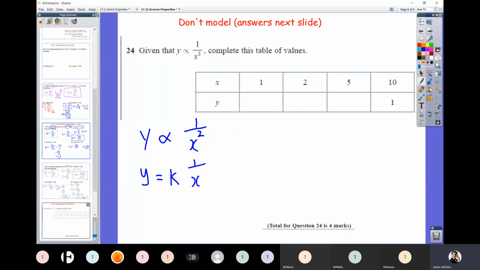Or in other words, y equals k over x squared. And then people were getting psyched out about, oh, but they haven't given you a pair of values. Well, they have, haven't they? They've given you a pair of values there. When x is 10, y is 1. So that then allowed you to process that. So if you wanted to have a look at that one, that's your answer.